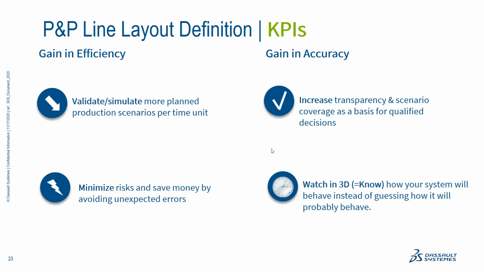Increase accuracy. You can increase transparency and scenario coverage as a basis for qualified decisions. So before implementing or starting a new initiative, you will be able to validate and make sure that it's going to behave as expected. Watching in 3D is maybe the most powerful way to understand what's going to happen.